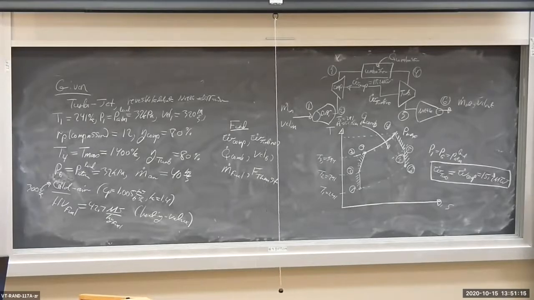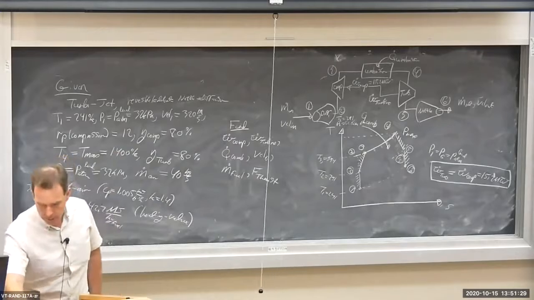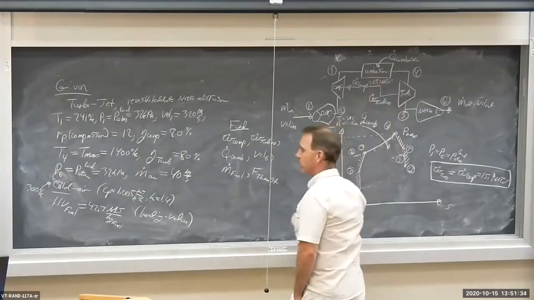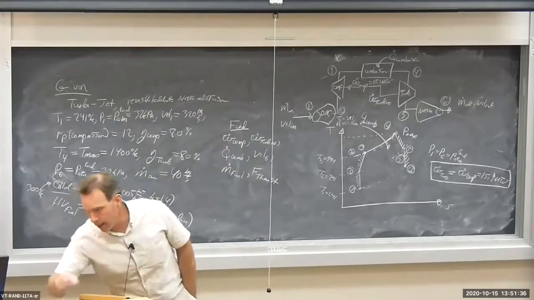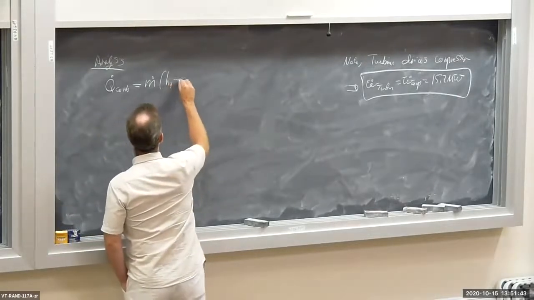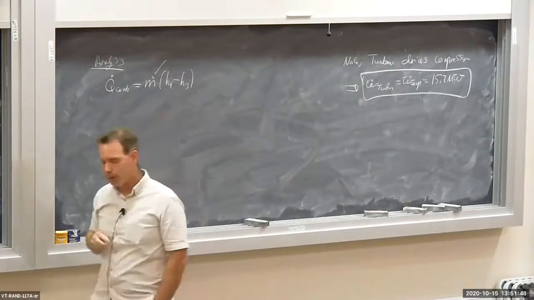So if we apply an energy balance to the combustor, we get Q combustor is equal to m dot times (H at the outlet minus H at the inlet), so H4 minus H3. We apply the energy balance for the combustor.